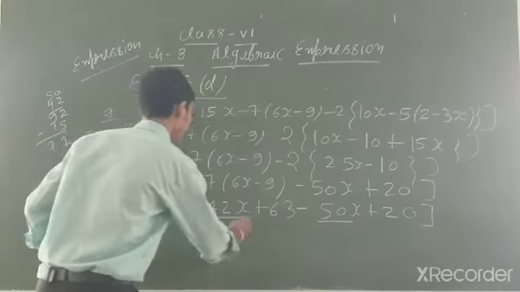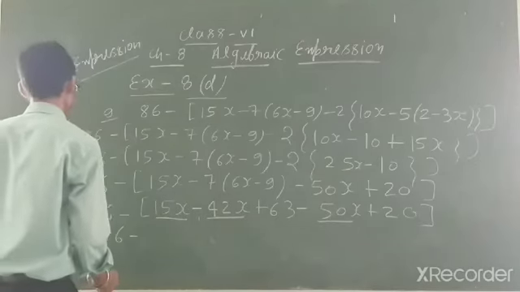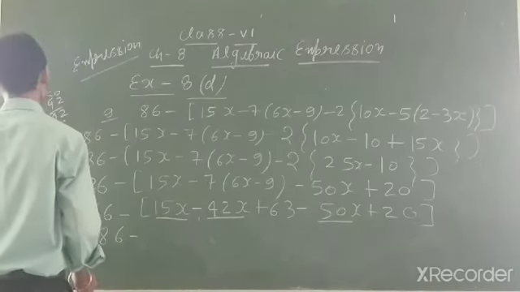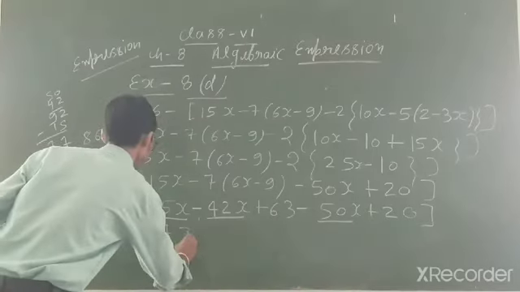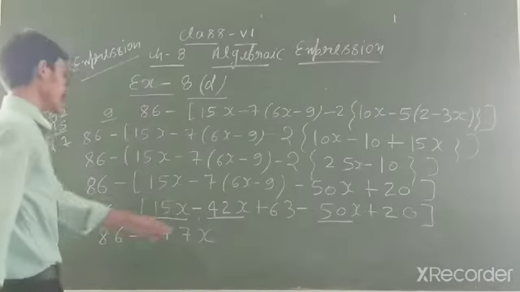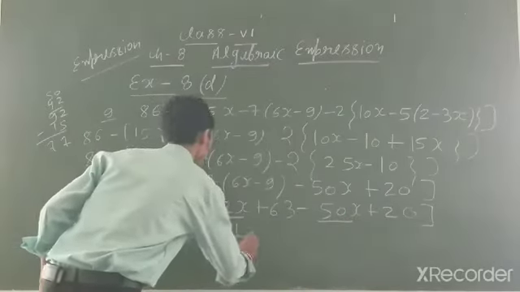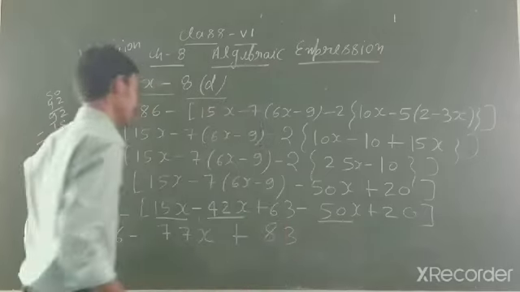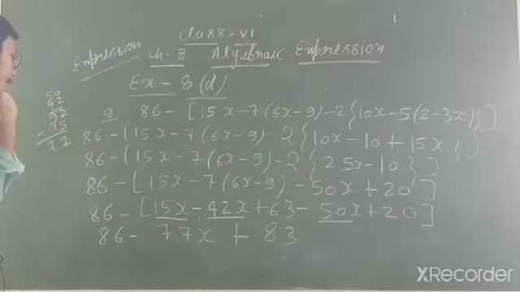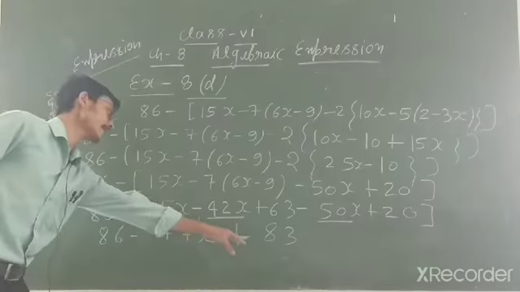That is 15x minus 42x and minus 50x. This will become 77x. Clear? Remains 63 and 20. So this will become 83. Clear, student? So this is our 83. 86 and minus 77x plus 83.